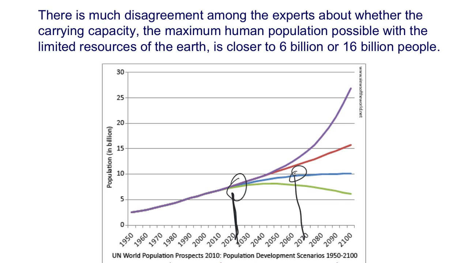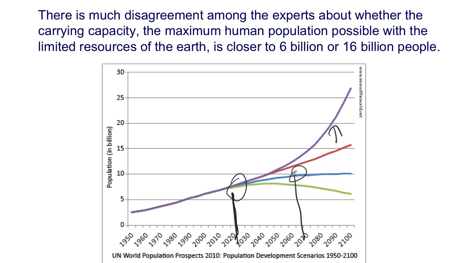And some people think it will keep on going into the next century, because technology will always find a way to provide more food, more living space. Because we have a brain, we can figure things out, we can build things to provide for more people.